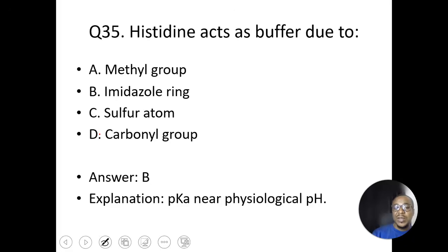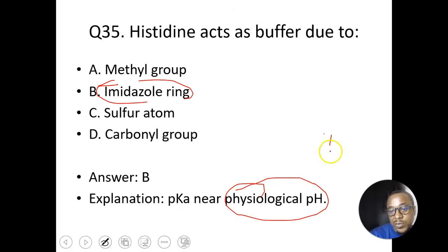Histidine acts as a buffer due to what? The imidazole ring, which has a pK near physiological pH. Physiological pH is around 7.2 to 7.4. Usually some tests will take it as 6.8, 7.2 or 7.4.